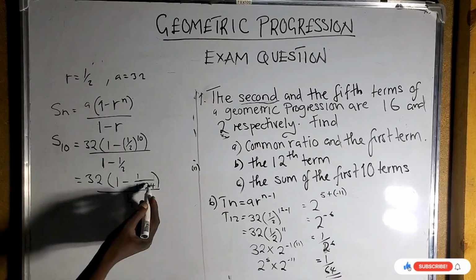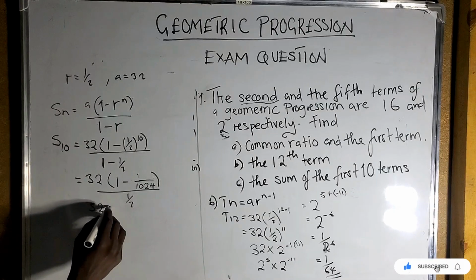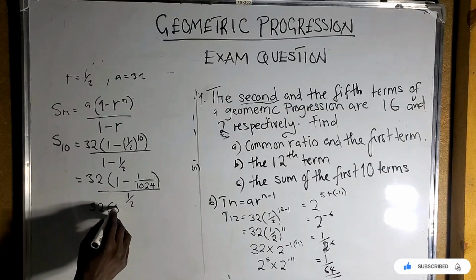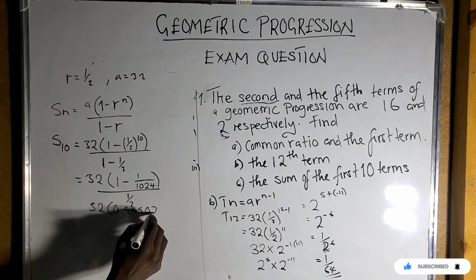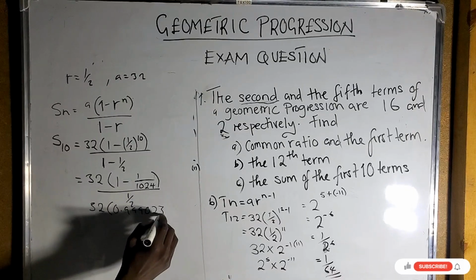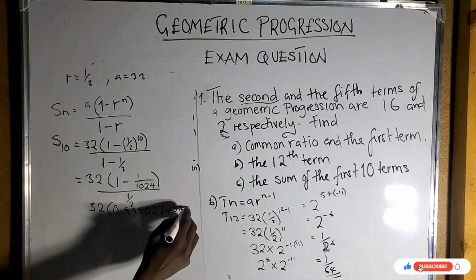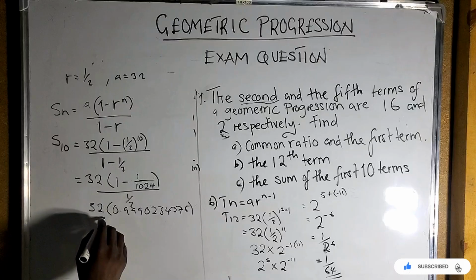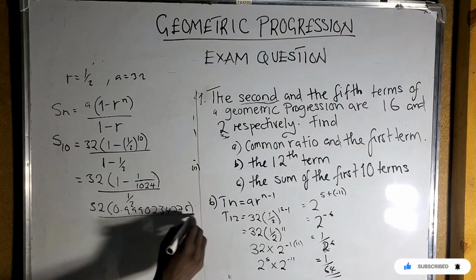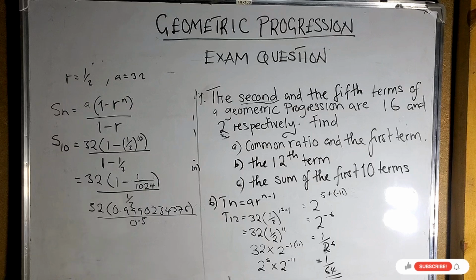So if you punch this on your calculator, you're going to get something like 32 multiplied by 0.9990234, over 1 over 2, which is just the same as 0.5, half.